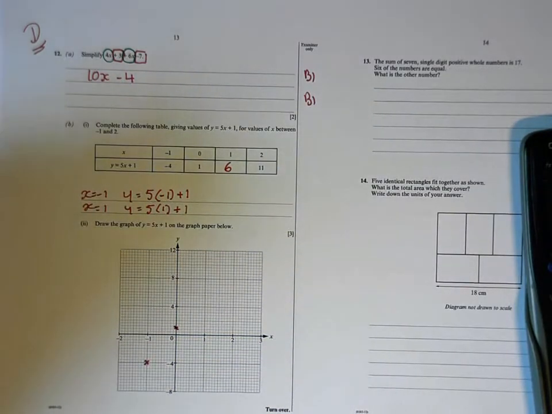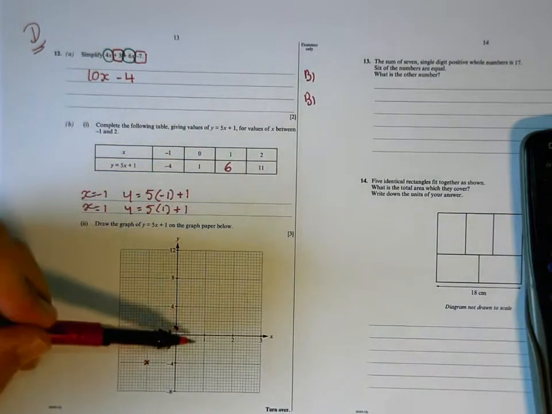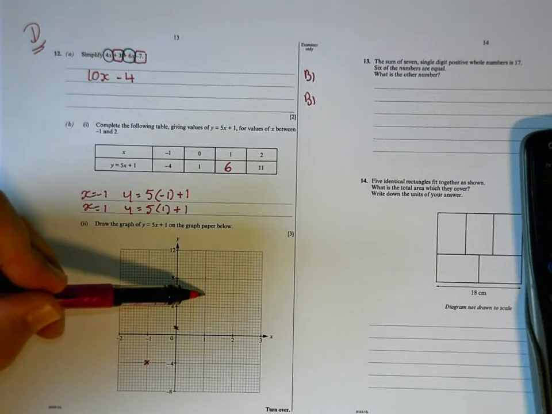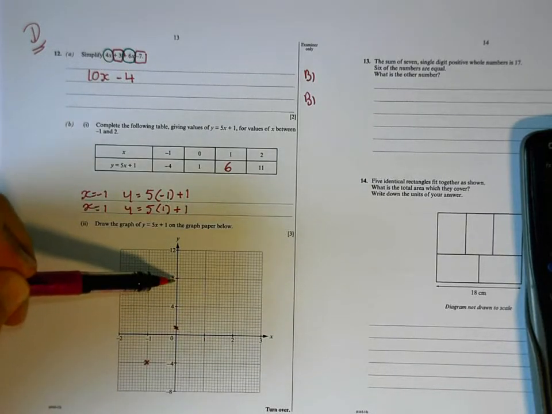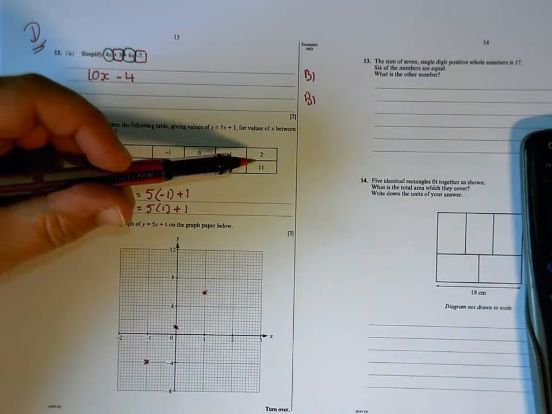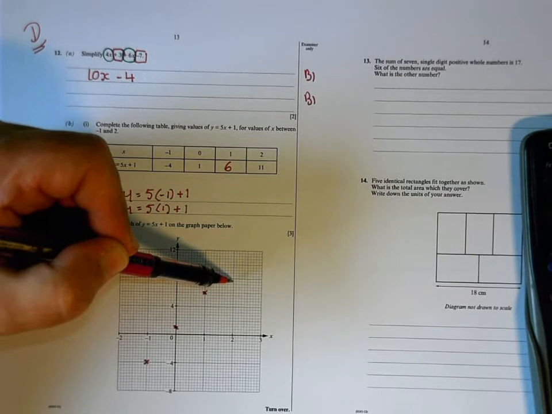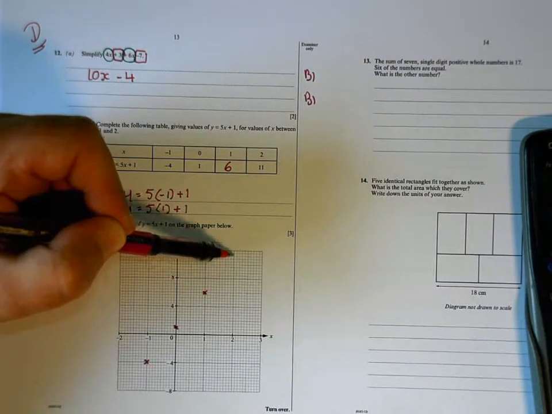Then I'm going from 1 to 6. Well, 1 to 6, you can see 4, 6, 8 is going to be there, and 2 to 11 is going to go 2, 8, 10, 12, halfway between 10 and 12 is going to be there.